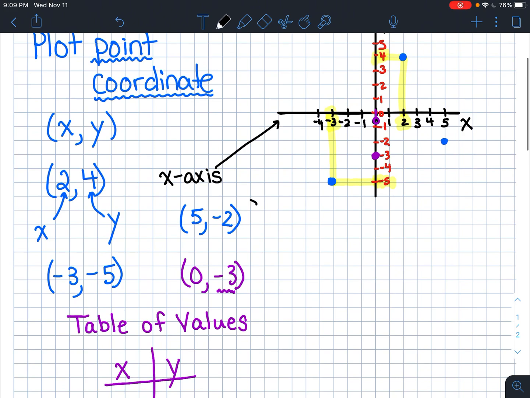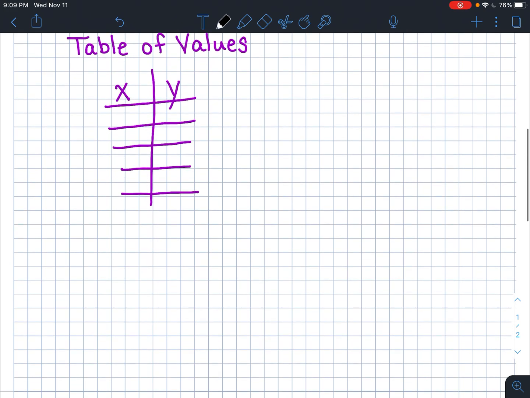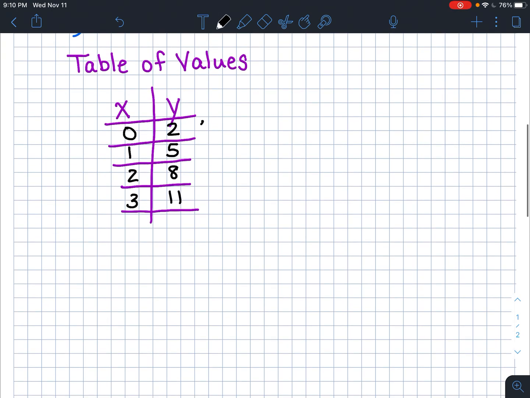So instead of writing them in brackets like this, they get written in a table, like 0, 1, 2, 3, maybe it's like 2, 5, 8, 11. And what that really means is this: if x is 0 and y is 2, it just means it's a coordinate or a point, 0, 2. Just like this one right here just means the point 1, 5. It's just another way, a different way to write it.